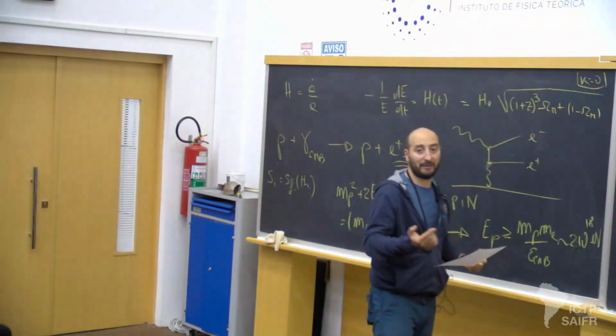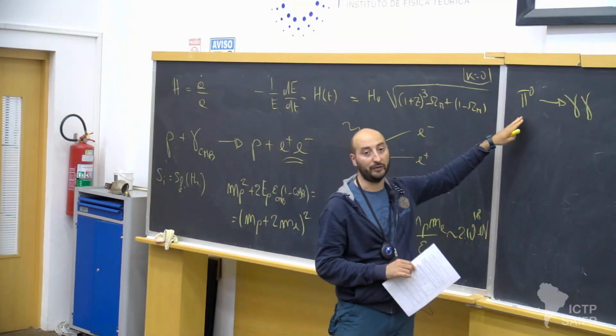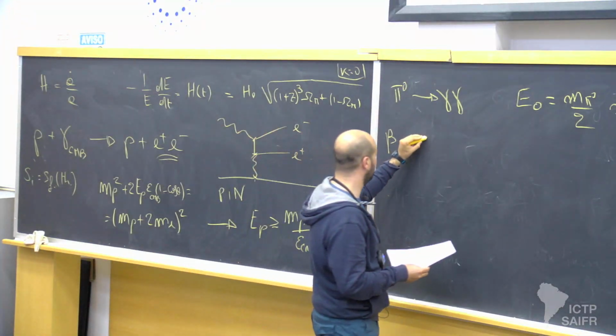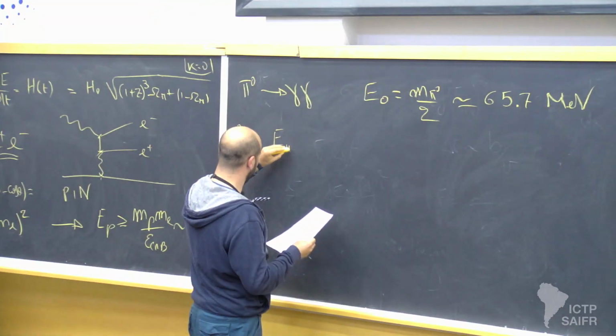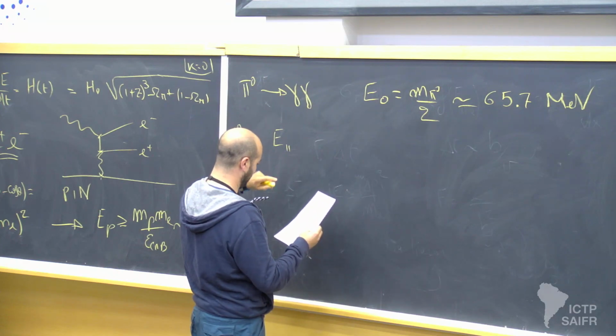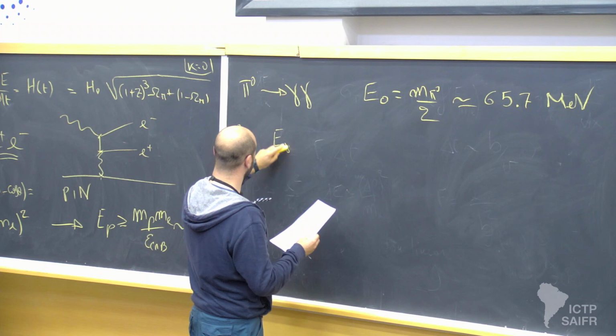Now, what happens in the frame where the pion is moving at some speed beta? Well, of course, let's do directly the energy of the photon.